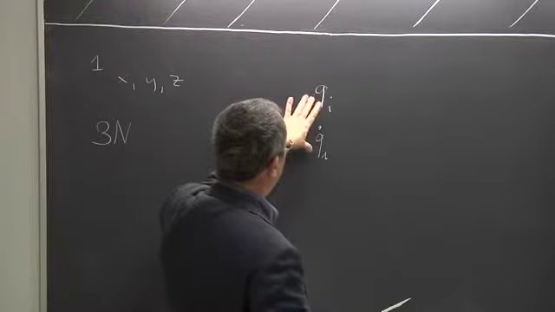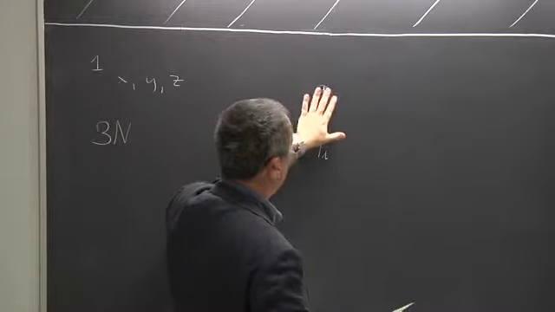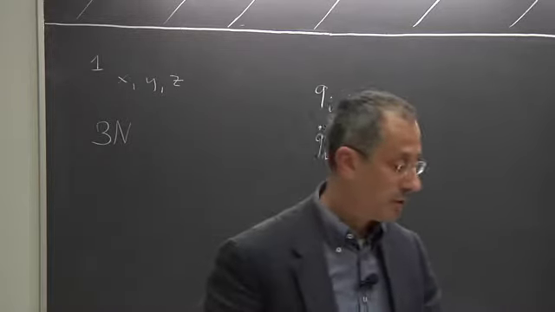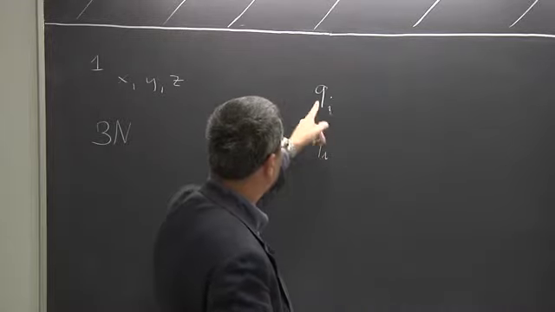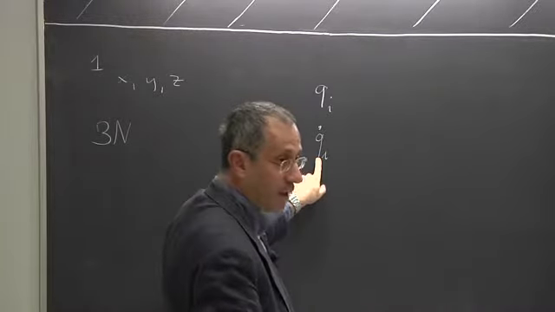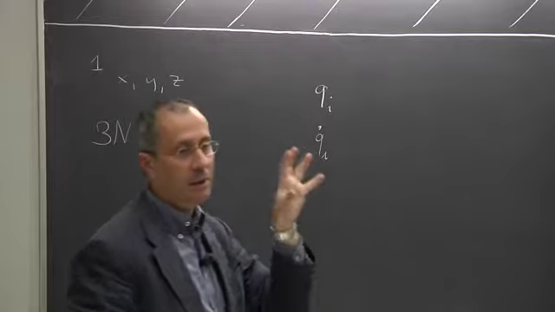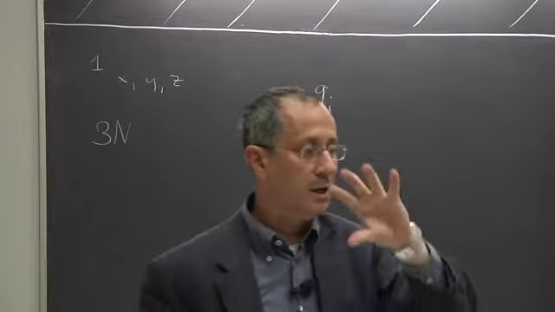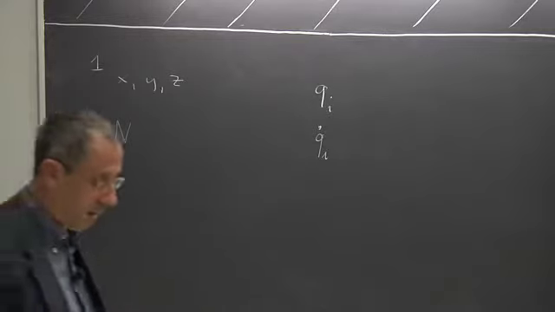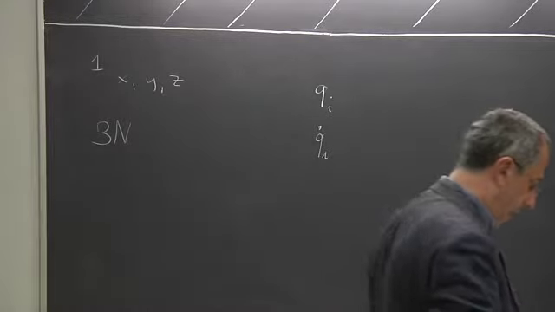In this language, those then satisfy second order differential equations. And if at the initial time I give you all the generalized coordinates and all the generalized velocities, then the system is completely determined. And if you solve the differential equations, you will know how the system evolves in time.